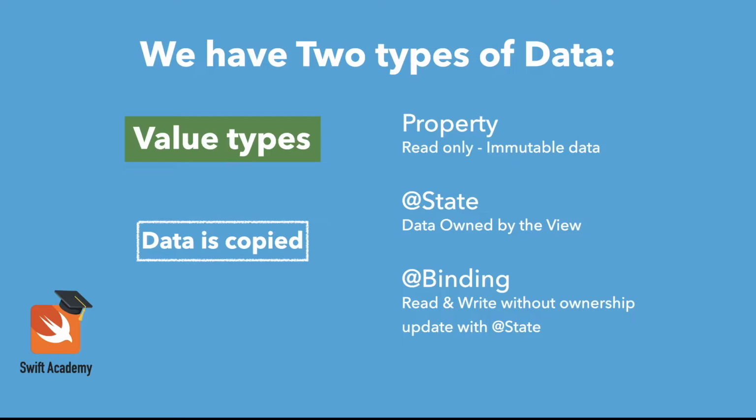It doesn't mean that property is going to be initialized inside the child view, because it will be initialized inside the main view with a state that is passed to that binding. So read and write without ownership will happen for the binding, and it will update its own data in a two-way connection with the state.